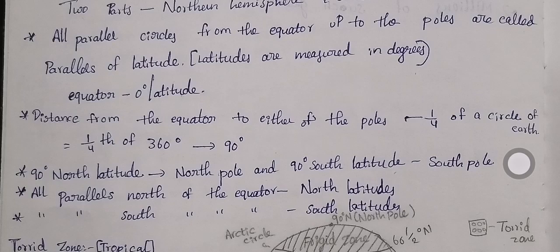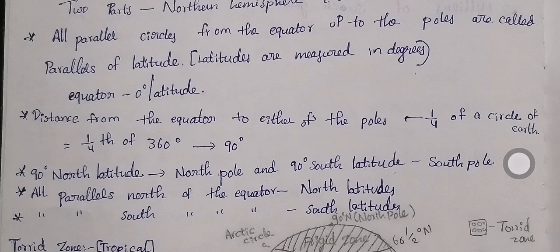the distance from the equator to the North Pole or South Pole is one fourth of the circle of the earth. That is one fourth of 360 degrees, that is 90 degrees.